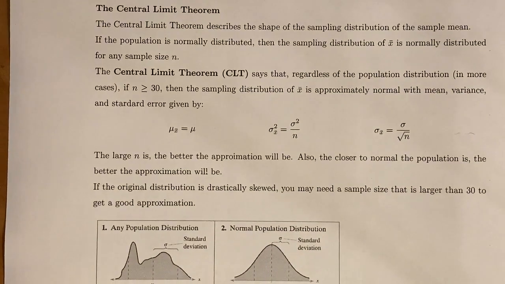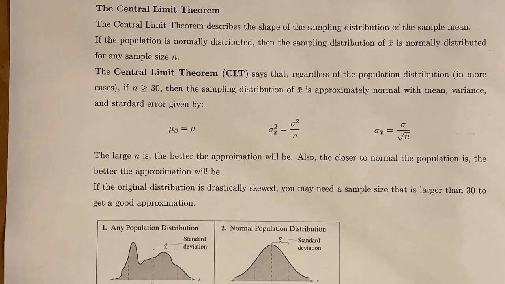Now, the larger the n is, so the more values you're taking for these sample means, the better the approximation will be. So the more normal it will look. And also the closer the population was to already being normal, the better the approximation will be.